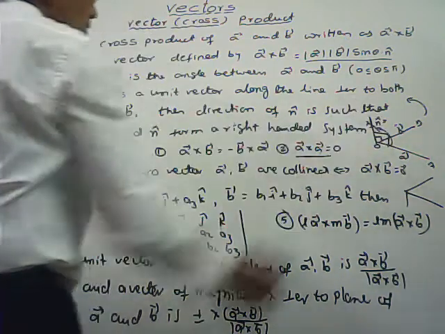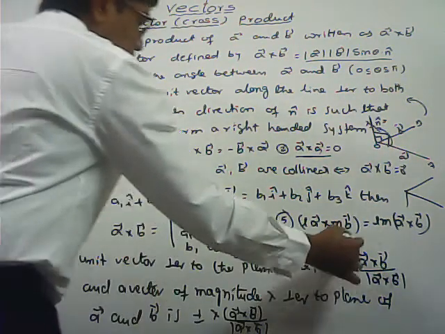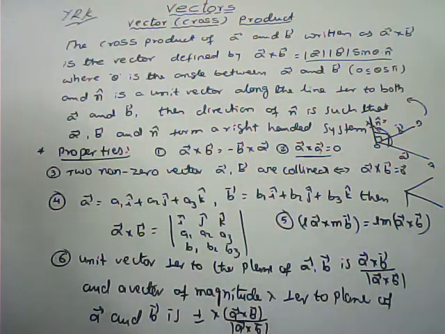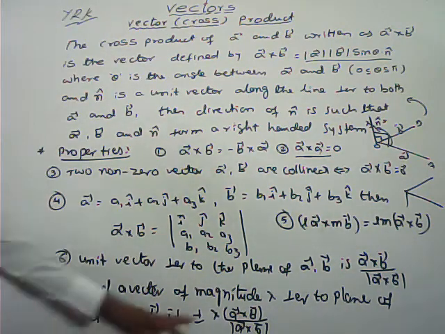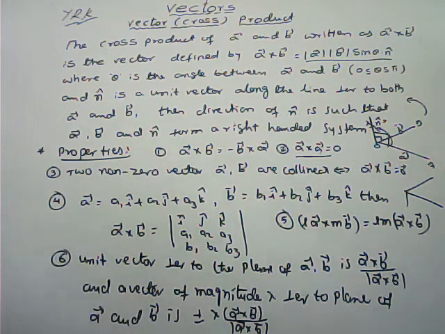Lambda n cap is equal to A bar cross B bar by modulus of A bar cross B bar, multiplied by lambda. In the right-handed system we get a plus, in the left-handed system we get a minus.